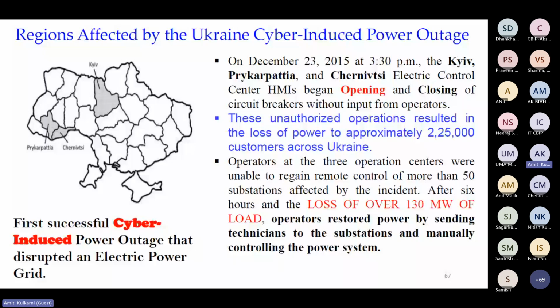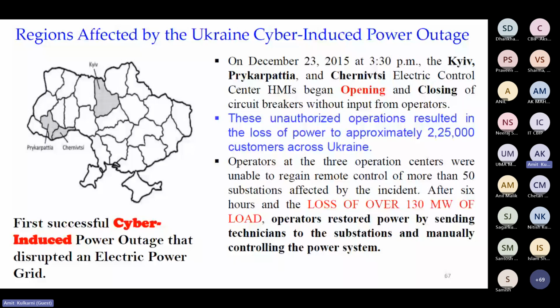So on 23rd December 2015, the Kiev, Prikarpatia and Chernivtsi electric control center HMIs began opening and closing circuit breakers without inputs from operators. Because of this, 225,000 customers across Ukraine were affected, with a loss of 130 megawatts of power, and the operator had no control over system operation.